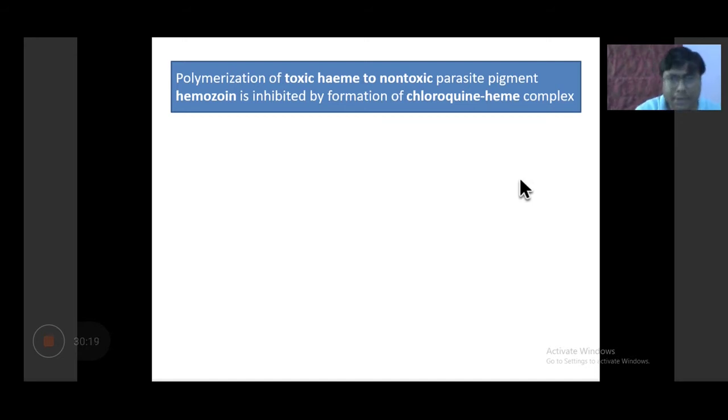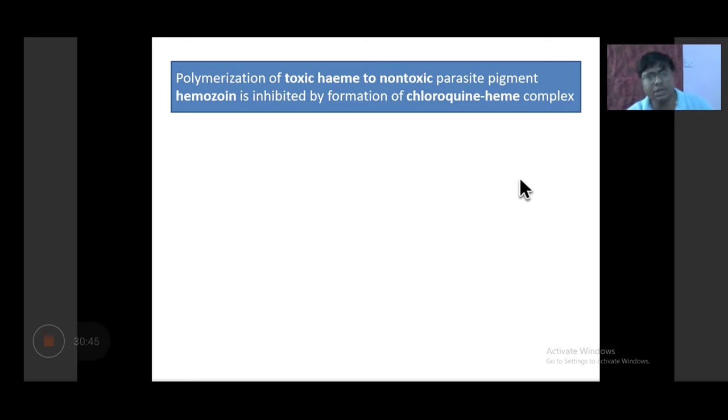So what was happening is, when the parasite breaks down hemoglobin, some toxic heme is released. That toxic heme is normally converted to non-toxic pigment hemozoin. This conversion is inhibited by the chloroquine-heme complex, because chloroquine raises the pH, which interferes with the degradation of hemoglobin.